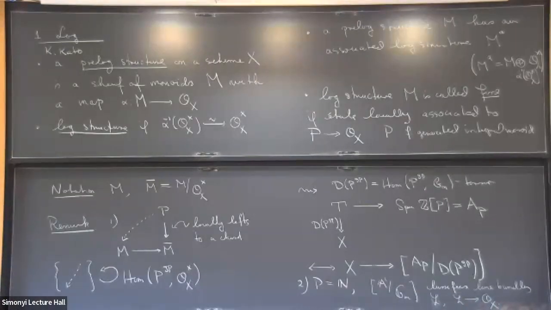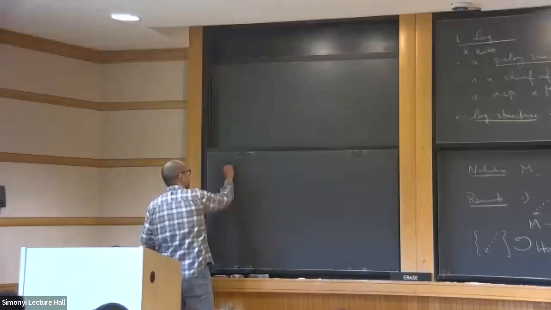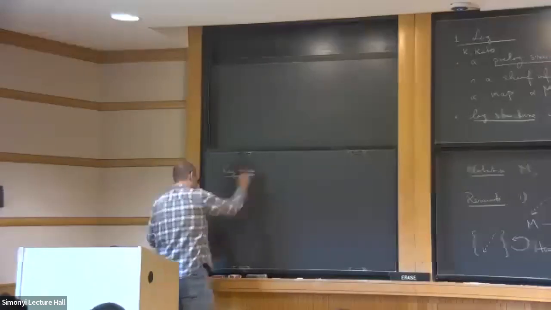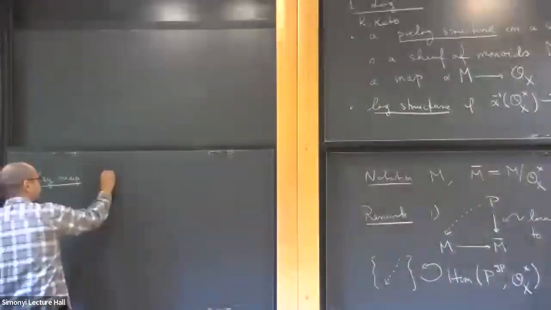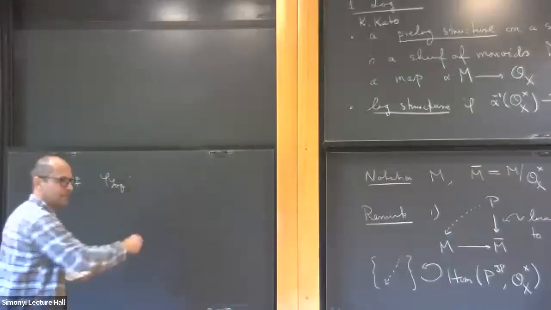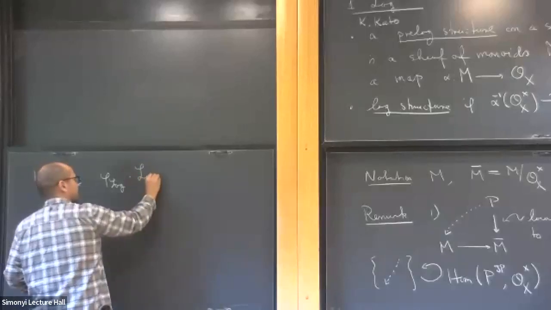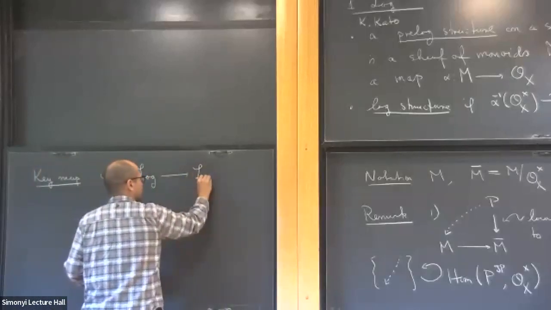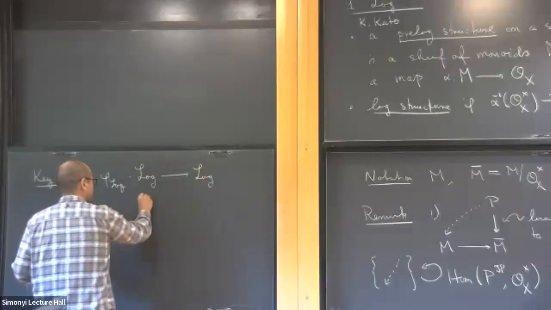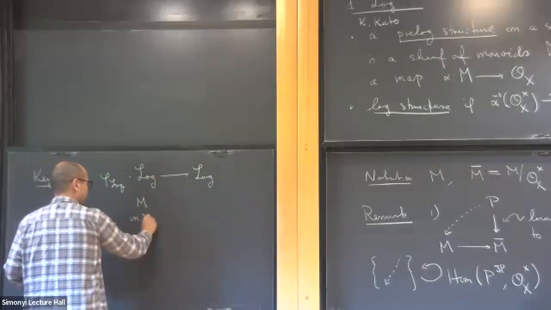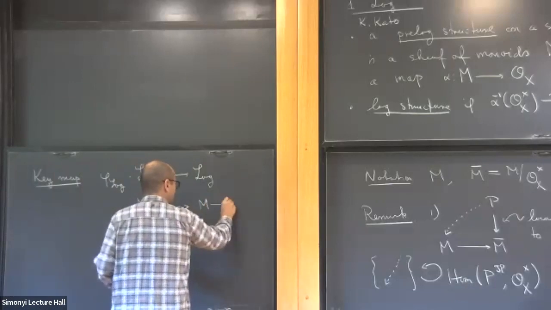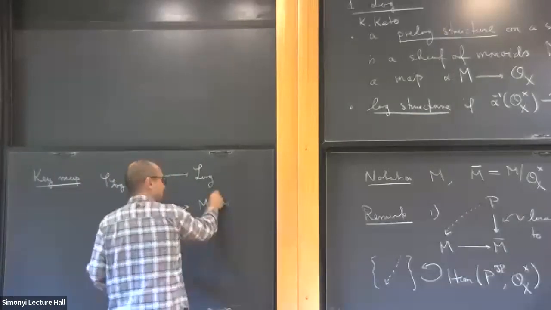Okay, so what's the thing? The key map is that this stack carries a lift of Frobenius over Z. And so I'll write it here. If you have a log structure M on X, it's a sheaf of monoids, so you have multiplication by p.